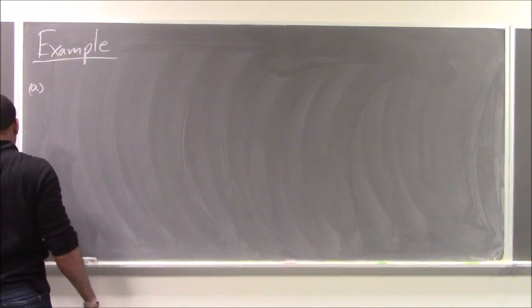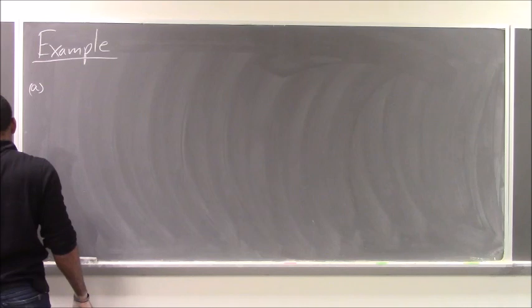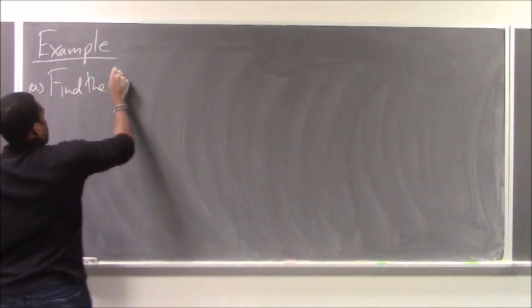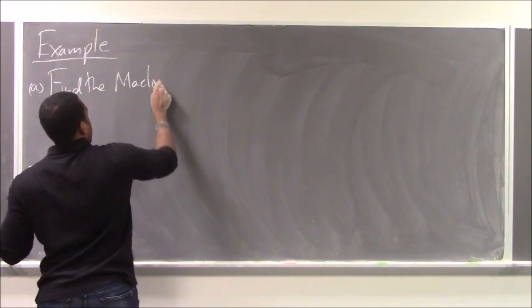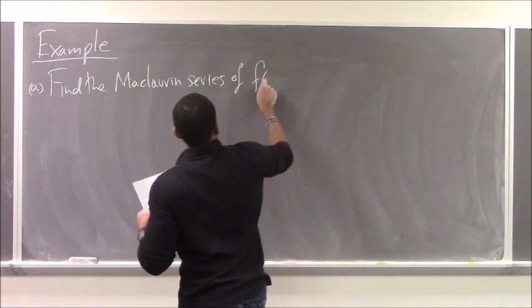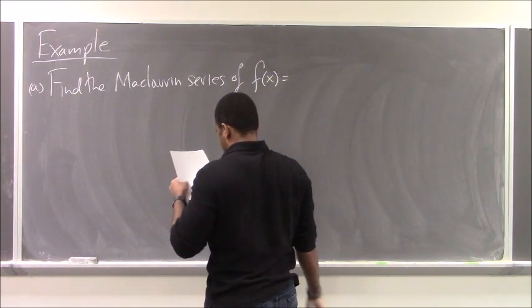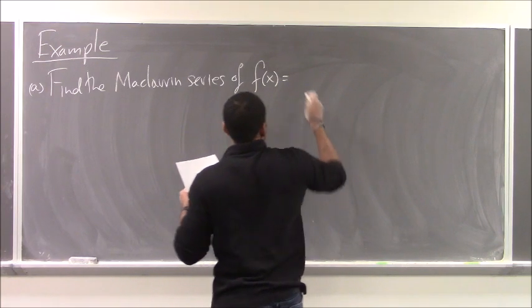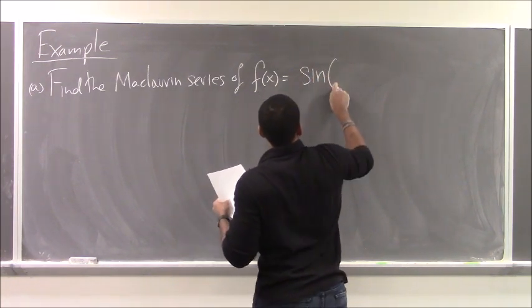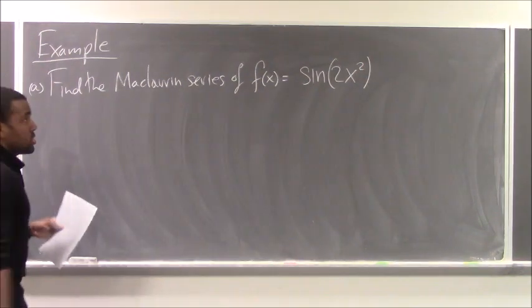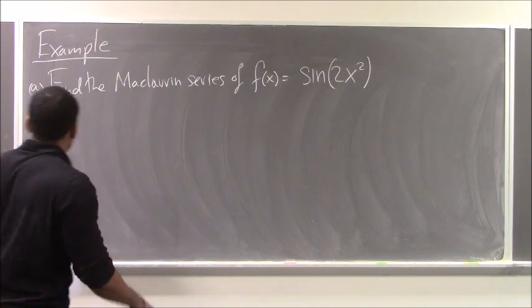A. Find the Maclaurin series for sine of 2x squared.